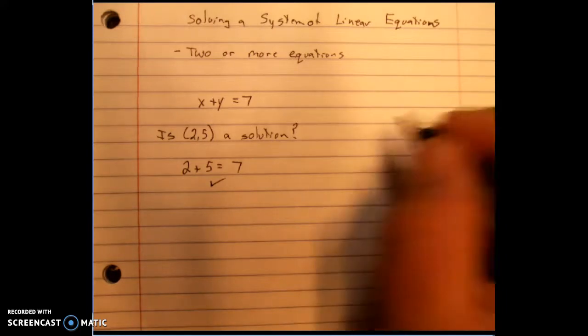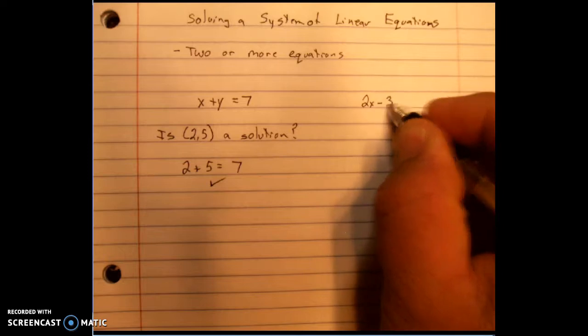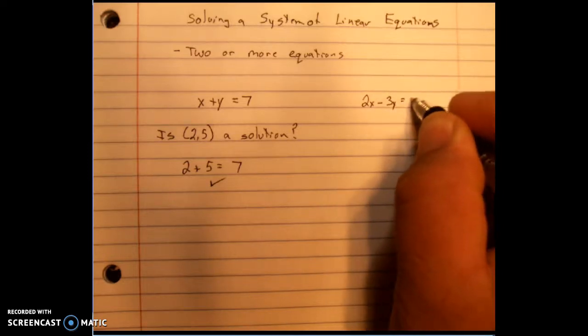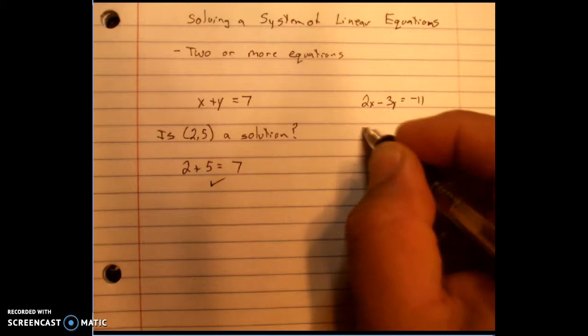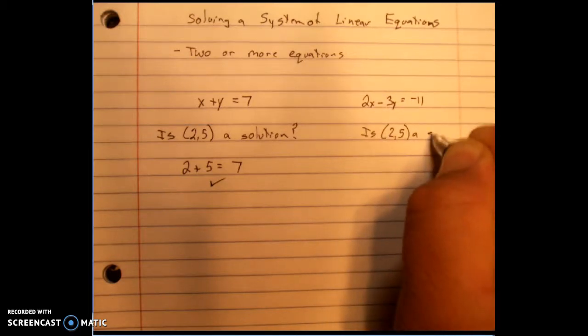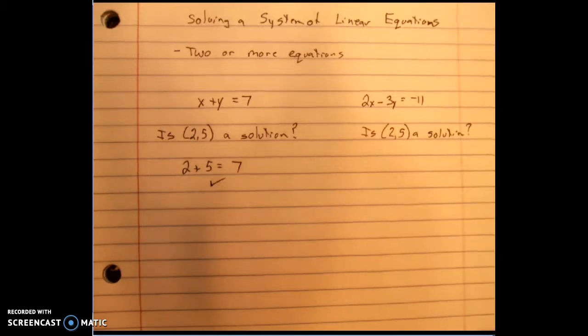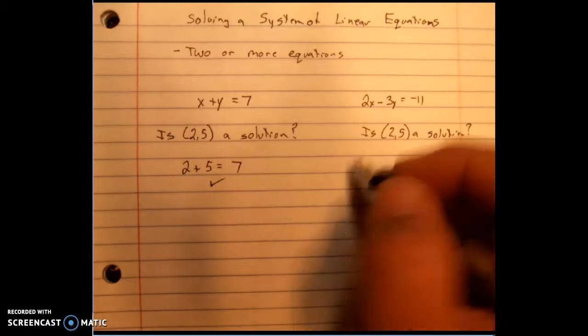Okay, what about the equation 2x minus 3y equals negative 11? Is (2, 5) a solution to this equation? Again, to test that, I simply plug it in.